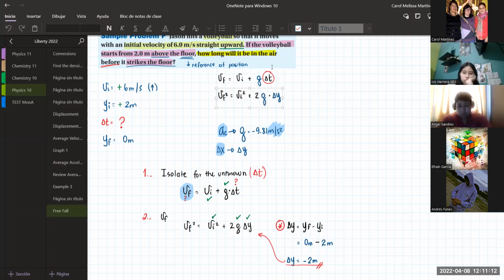So we say initial velocity squared, 6 meters per second raised to the second power, plus 2 times gravity, that is negative 9.81 meters per second squared. Even if it's not given, it's mandatory that you memorize that gravity is negative 9.81 meters per second squared. And in the last part, we have the change in the vertical position that we obtained. It was negative 2 meters.